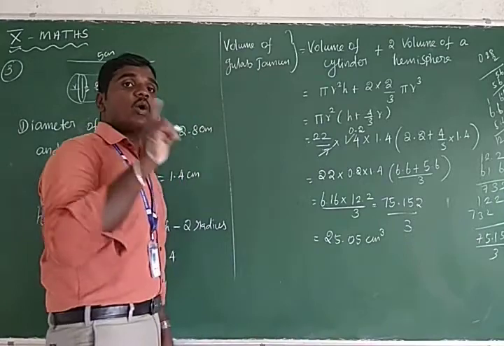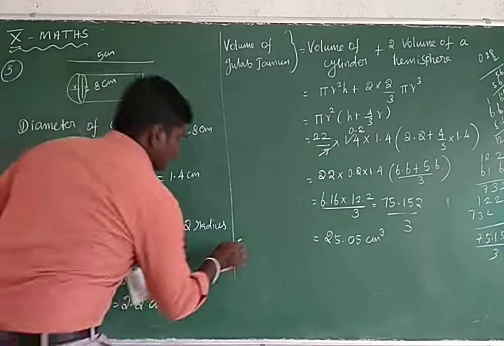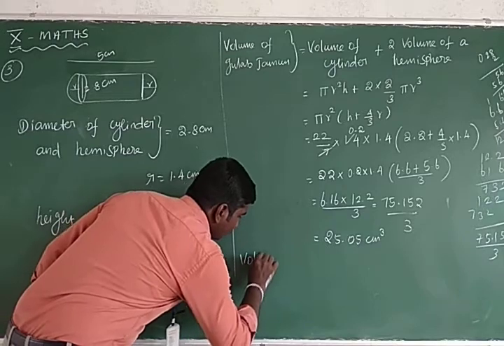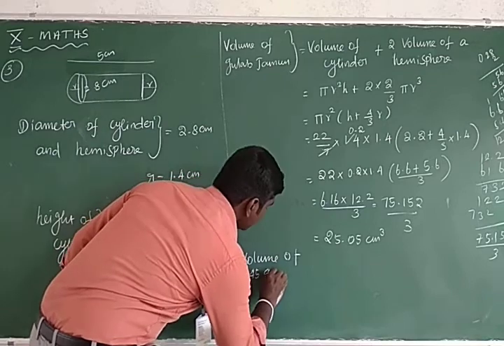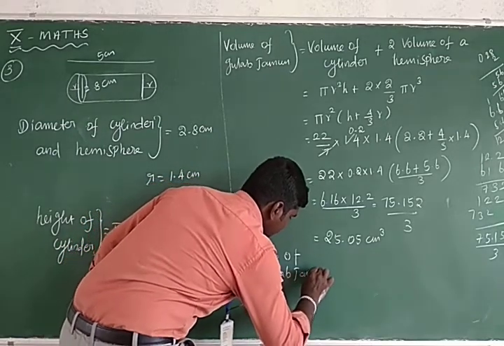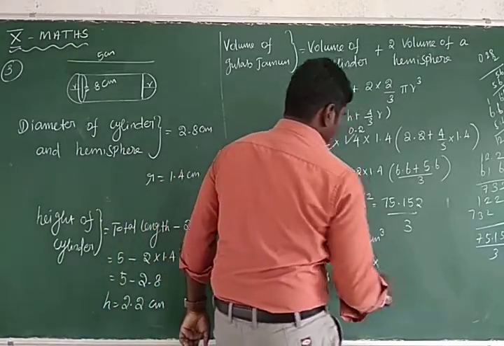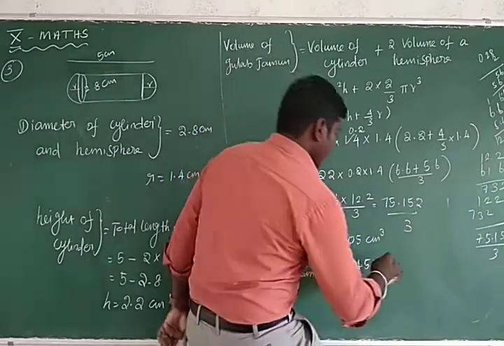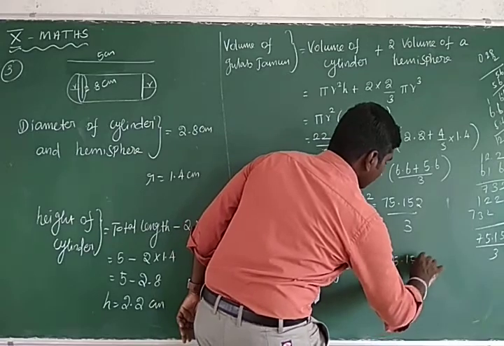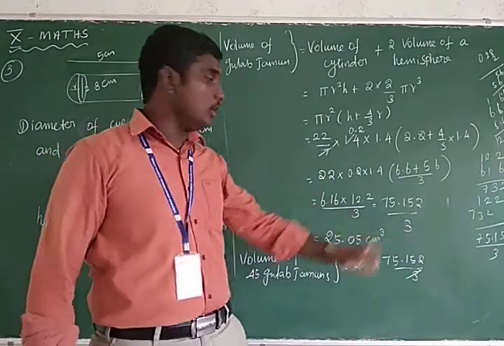Then it is for 1 clove jar. So totally how many jars are there? Totally 45. So the total volume of 45 jars is equal to 45 into the same answer; we can cancel it. 75.152 divided by 3, 15 threes, so 75.152 into 15.